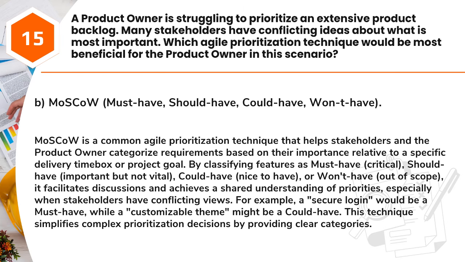By classifying features as must-have, critical; should-have, important but not vital; could-have, nice to have; or won't-have, out of scope, it facilitates discussions and achieves a shared understanding of priorities, especially when stakeholders have conflicting views. For example, a secure login would be a must-have, while a customizable theme might be a could-have. This technique simplifies complex prioritization decisions by providing clear categories.